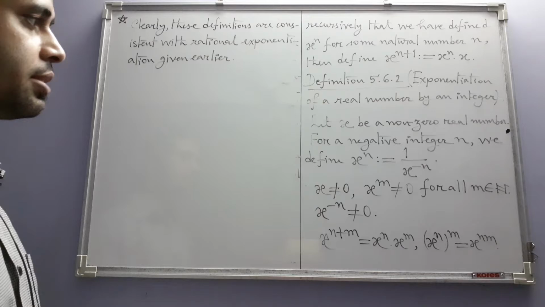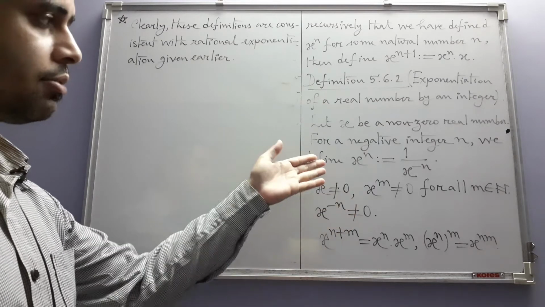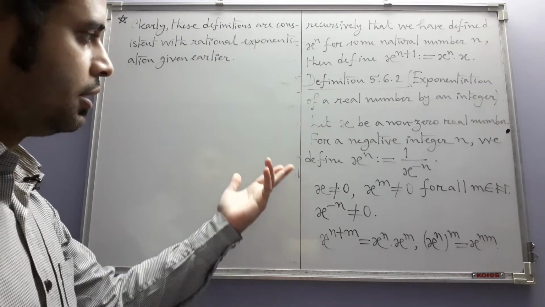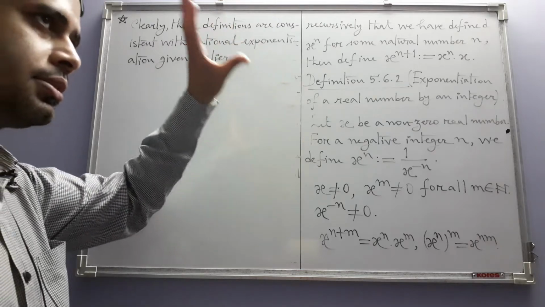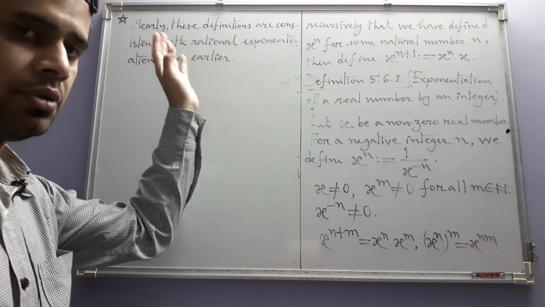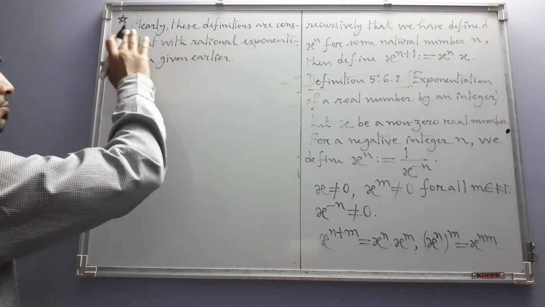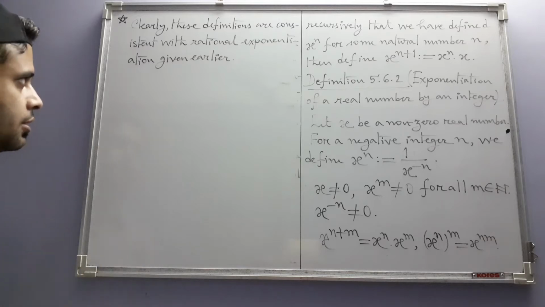What that means is that if in place of x here, because now x is real, so x in particular can be rational also. If our x is rational, then we get the exact same definitions that we had then. Okay, so that's what we mean when we say that these definitions are consistent with rational exponentiation.